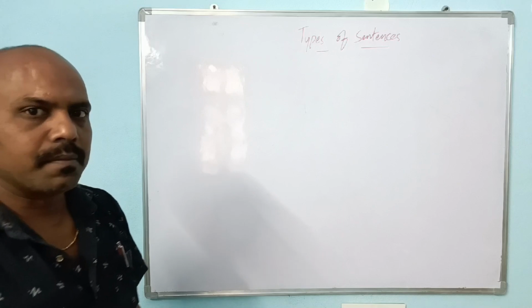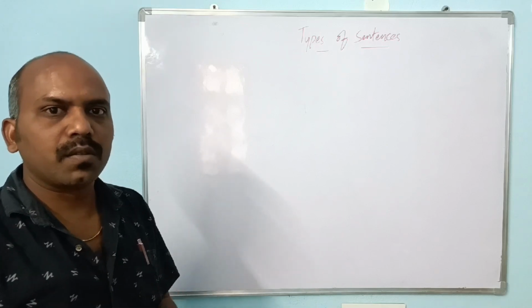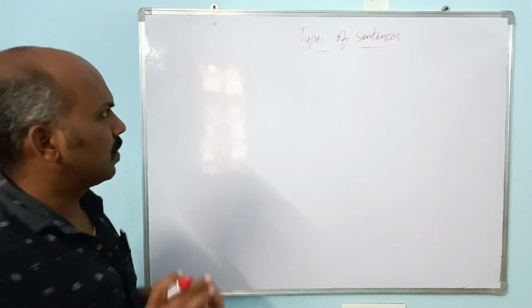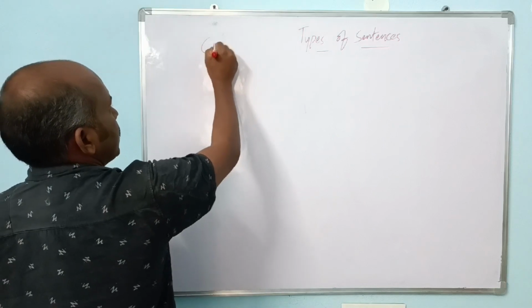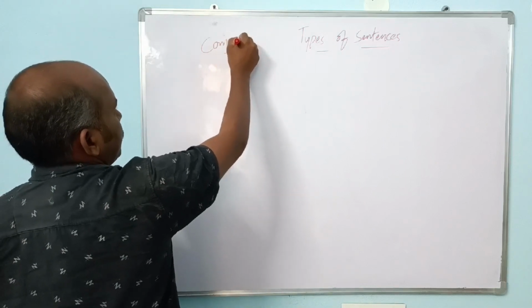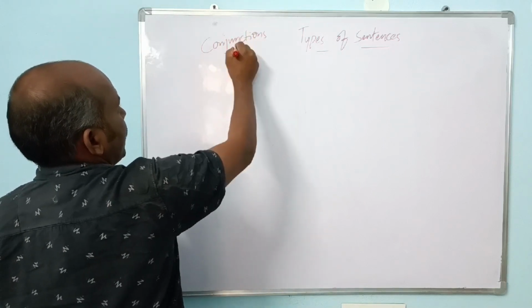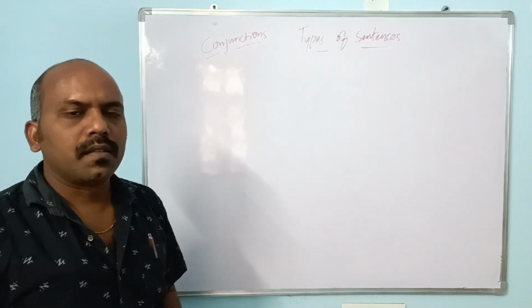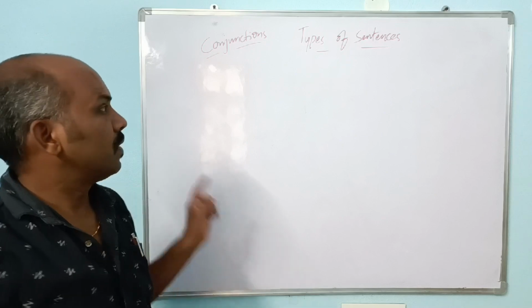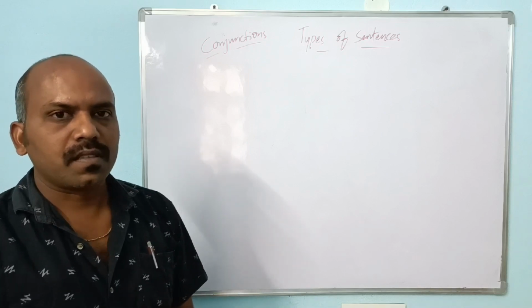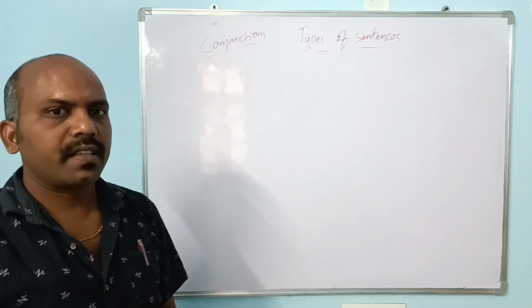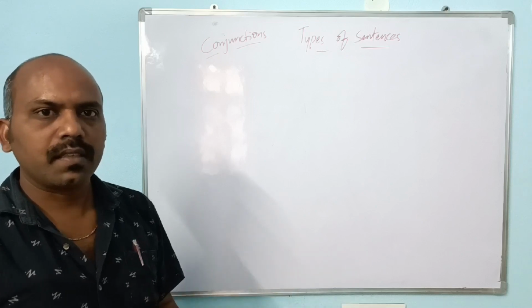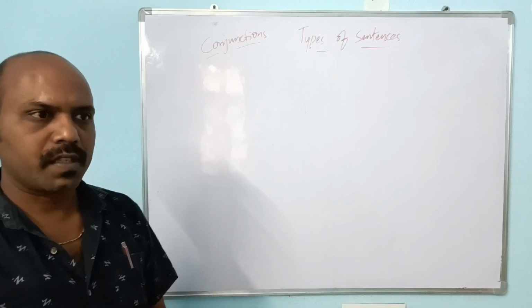Before going to them, we have to have an idea on a special thing, that is conjunctions. Because conjunctions play a vital role in types of sentences. So first we will have an idea on conjunctions, what they are, then we'll go to types of sentences.